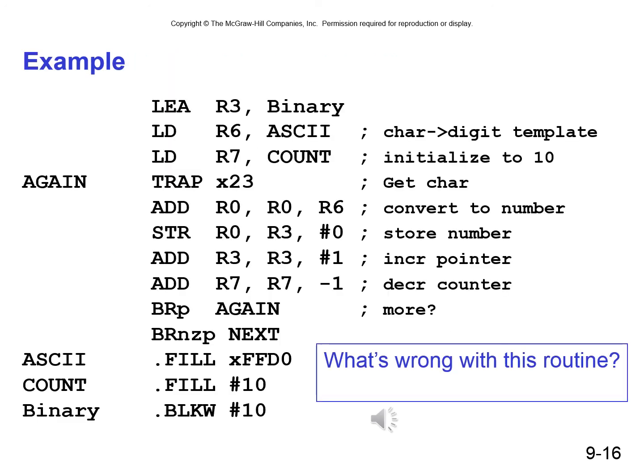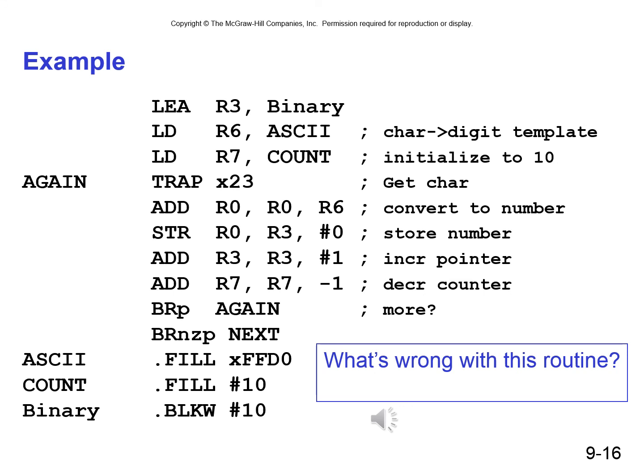So here we have an example snippet from a program that has a loop in it. It looks like a count controlled loop, and it's using R7 as the counter. As long as R7 is positive, it will continue to loop back up to the instruction labeled AGAIN, which is a TRAP x23.